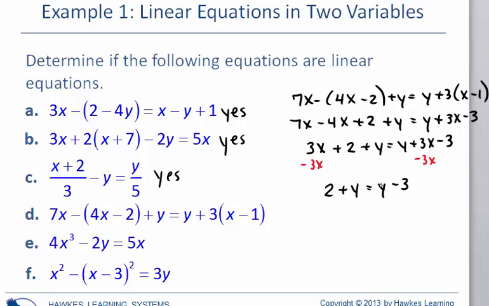We'll now attempt to move our y's to the left-hand side by subtracting a y. It cancels again on both sides, leaving me 2 = -3. So this is not a linear equation. It's actually a false statement, which means that it has no solutions, but it's not linear because we don't have any variables left. And so we're going to answer no to this one.